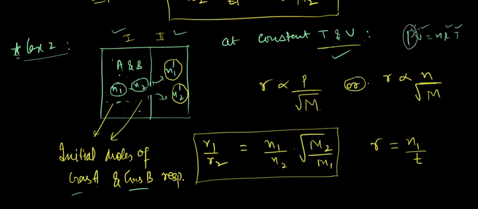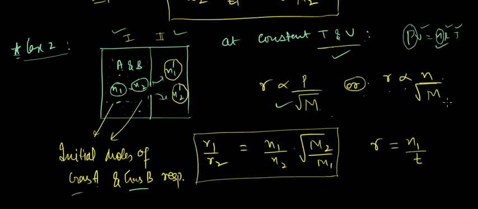This implies that pressure would be directly proportional to the number of moles of gas diffused. So we can write that rate is directly proportional to P and inversely proportional to root of M. Root of M will still remain the same from the previous lecture. No change on that. Whether it's constant pressure or constant volume, rate would always be proportional to 1 upon root M.